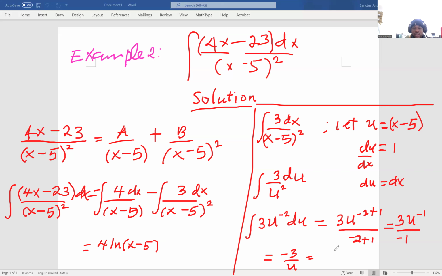This will be minus 3 over x minus 5 because our u is x minus 5. All right, so let's plug this in here. Remember, we already have minus here. So this is coming in with minus. So it's going to be plus 3 over x minus 5 plus what? C.